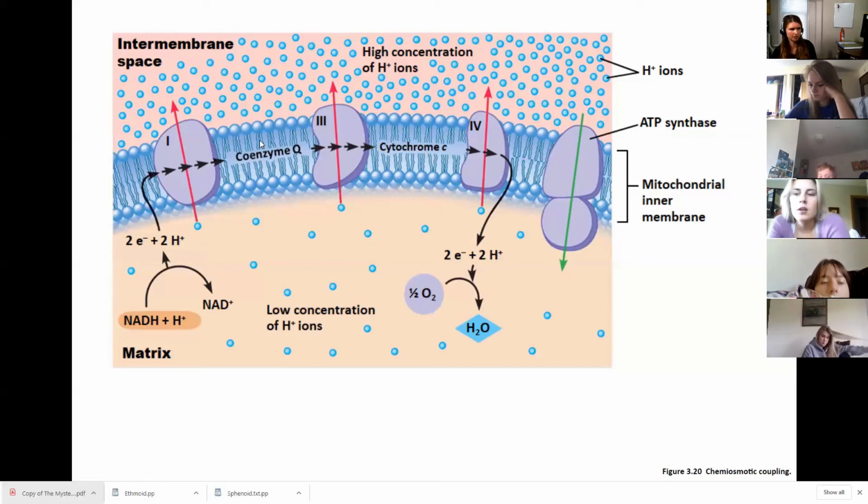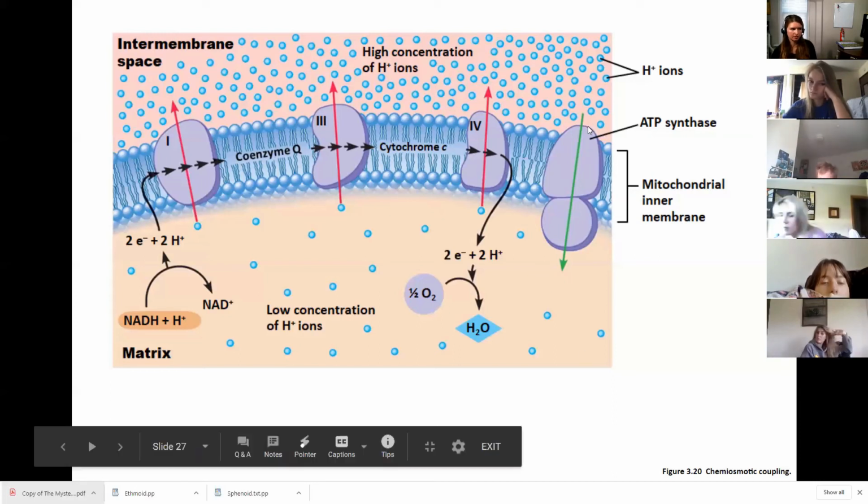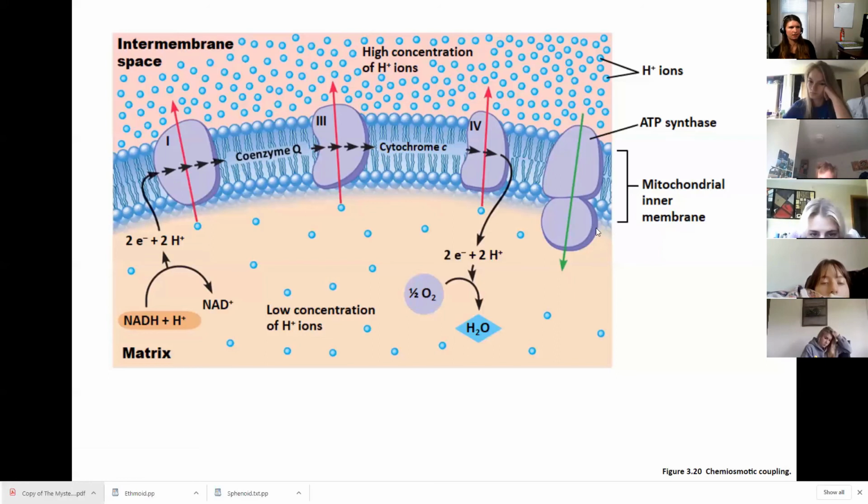So we have the electron transport chain harvesting energy in our electron carriers to produce a hydrogen ion gradient. And then the gradient is released, allowing hydrogen ions to flow into the mitochondrial matrix. So they're not floating out of the mitochondria, they're flowing back into the center. And that releases the energy stored in this gradient in the form of ATP.